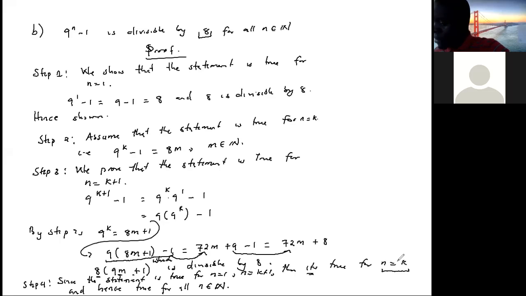Sir, on step 1, n is always 1? n is the smallest. When you do inequalities, n can start from 1, 2 or 3, depending on where the statement is starting from.